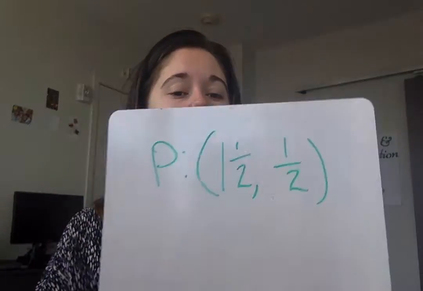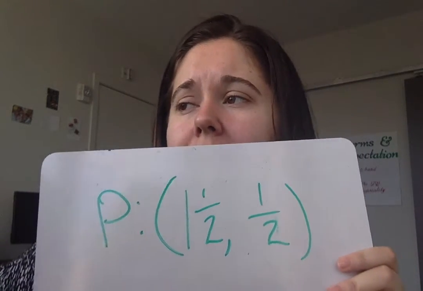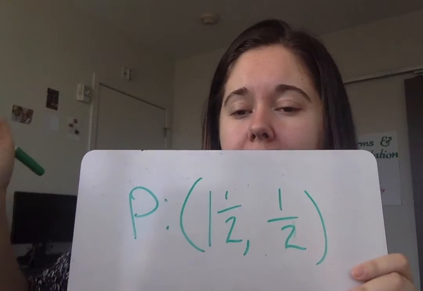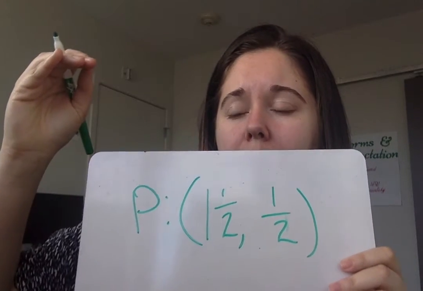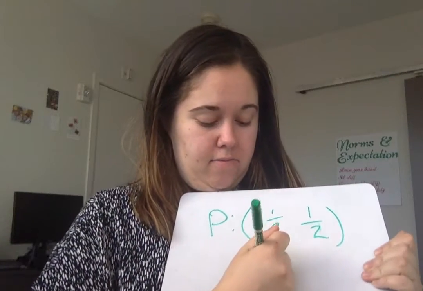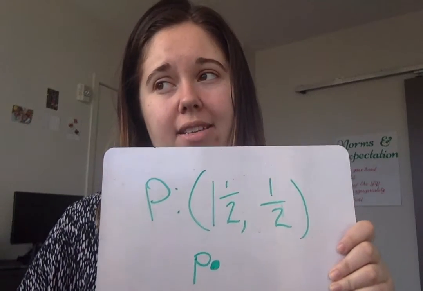And it looks super complicated, especially because it's next to that Q1 as well. All this is saying is find 1.5 over on the x-axis and half up on the y-axis, and then put a little dot and label it P. That's what they're asking.